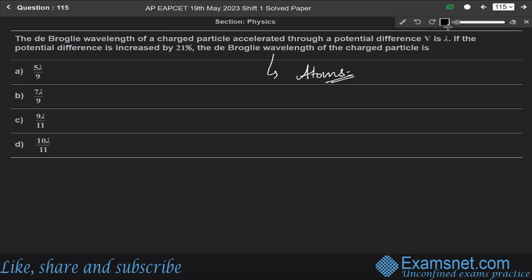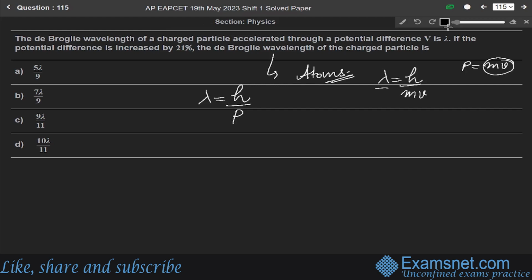We all know that de Broglie wavelength lambda is equals to h over p, where h is the Planck's constant and p is the momentum. For a charged particle, lambda equals to h over p, and p is mass into velocity. So we can write lambda equals to h over mv.